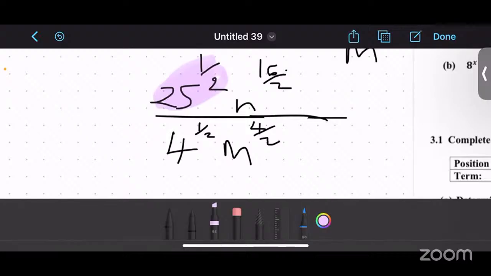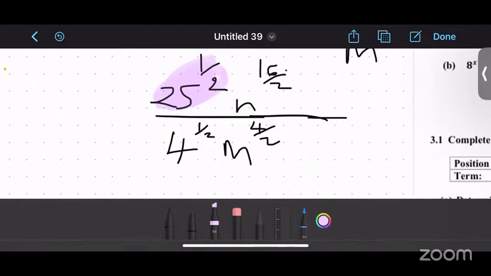Or does any one of you know how the power of 1 over 2 works? Can you just look at the number and say, let's say we have 64 to the power of 1 over 2, do you know how much that is? It's 8. It's half.